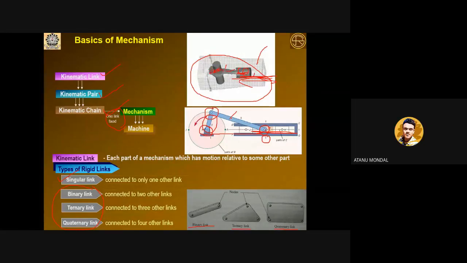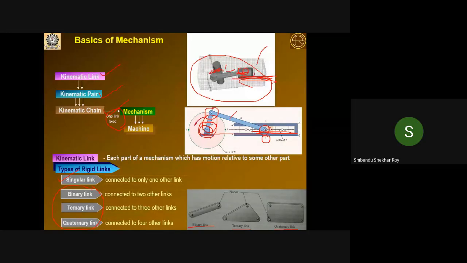And link number 1? It is connected to how many links? Link number 1 is connected here with link number 2 through a revolute pair.